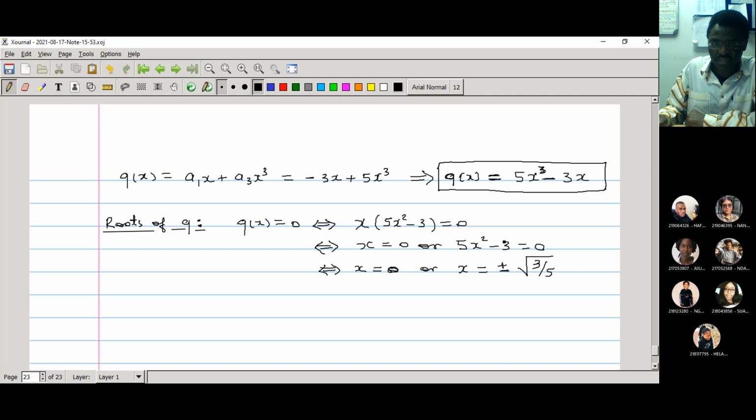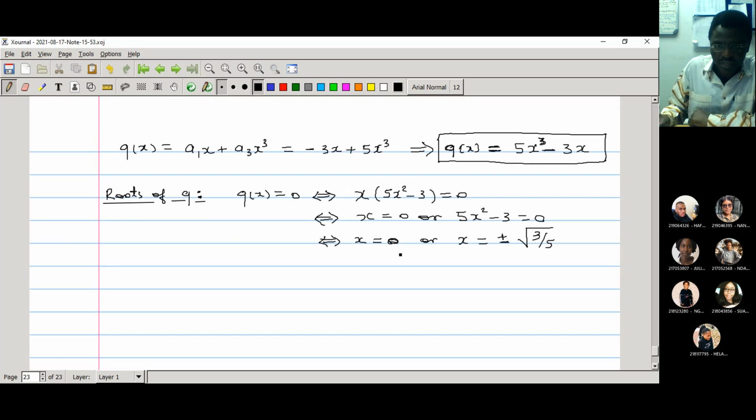So already from this, we have the xi's, right? We have x0, or anyway, it depends. If you put that in order, we can take x0 to be the smallest. If we sort it in increasing order, x0 will be negative square root of 3/5. x1 is 0.